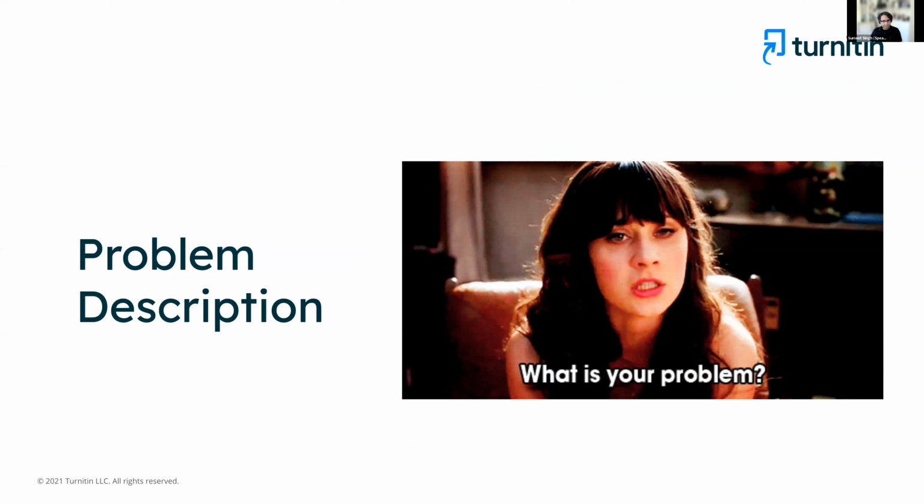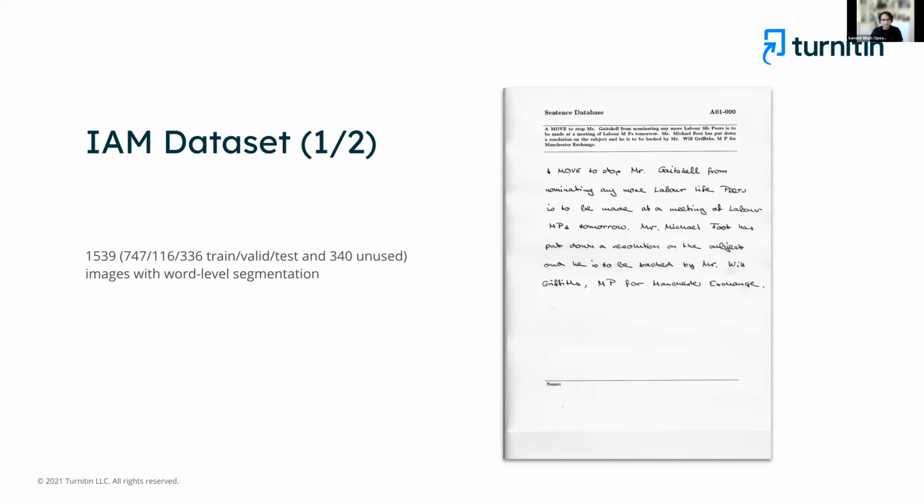So the problem description. First, I want to establish what full page handwriting recognition is. If you look at academia, at papers and the body of work that's been done so far, handwriting recognition is usually portrayed as single word, or maybe single or multiple line recognition.